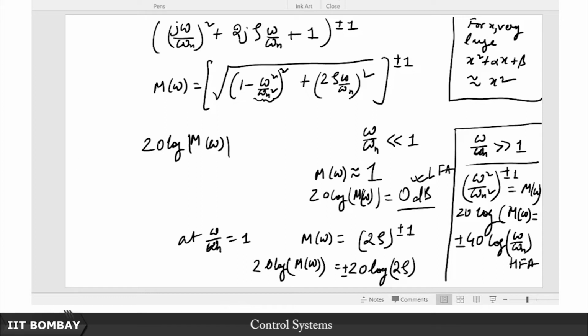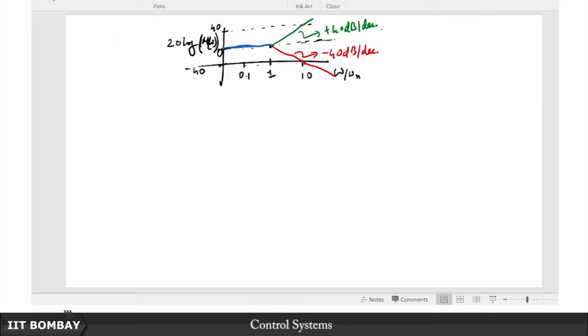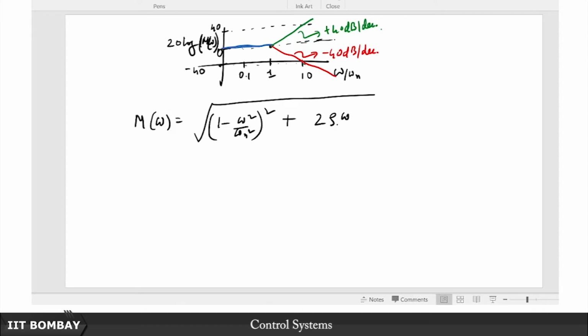Moreover, if you now study this magnitude function a little closely, let me write that down once again: it is the square root of 1 minus omega squared by omega n squared, whole squared, plus 2 zeta omega over omega n, whole squared.